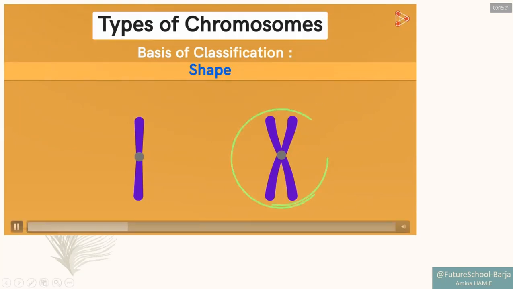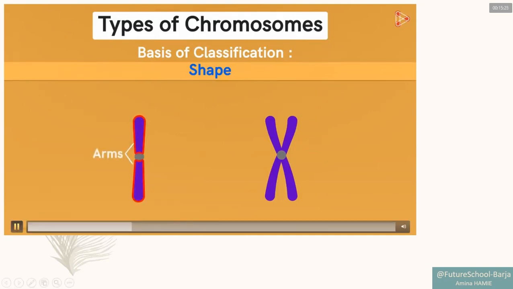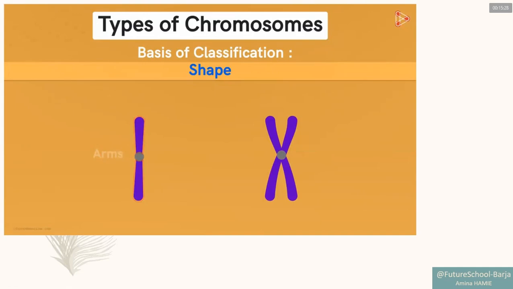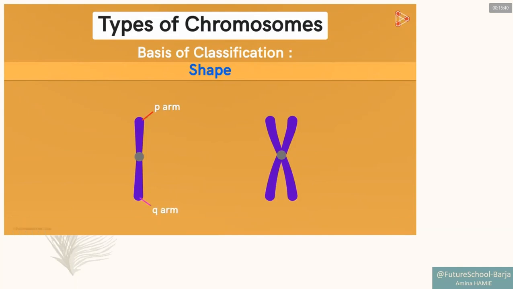Now, to understand the types, let's first understand the typical structure. Here, these two regions are called the arms of the chromosome. This arm is named the P arm, and this is the Q arm, the long arm.